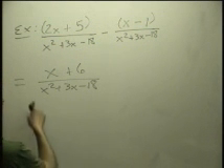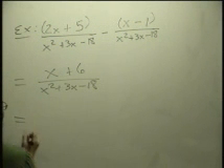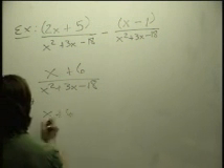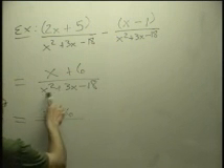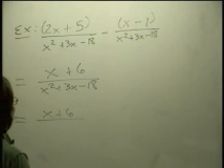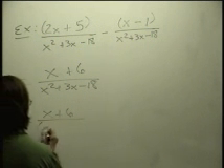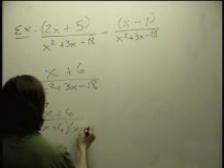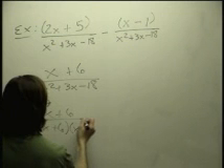So instead what I need to do is factor. x plus 6 I can't factor. It's already prime. x squared plus 3x minus 18 I can factor as x plus 6 times x minus 3.